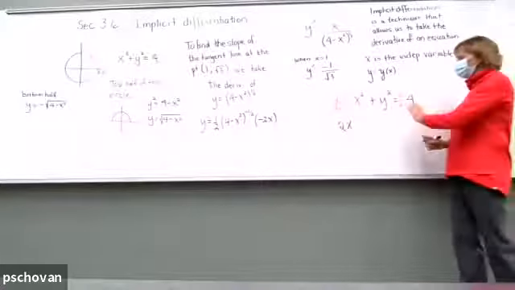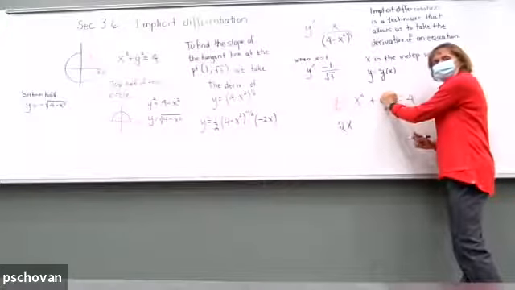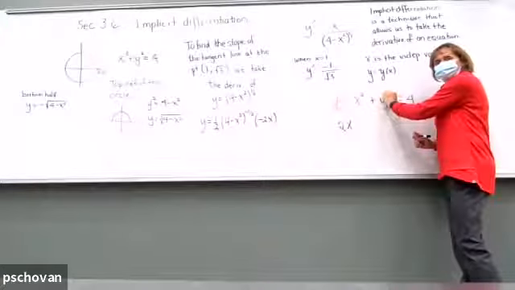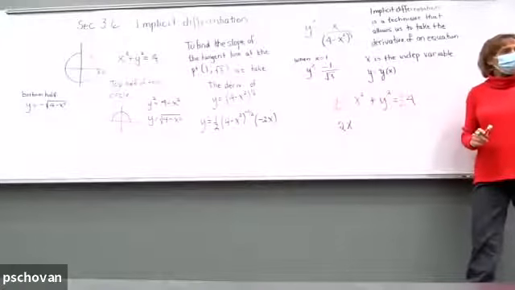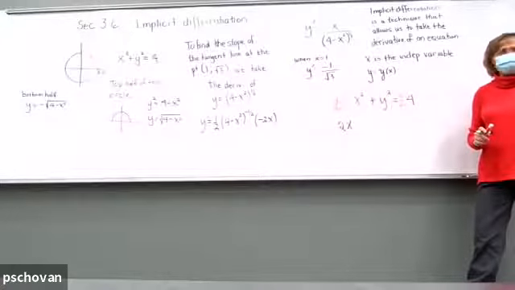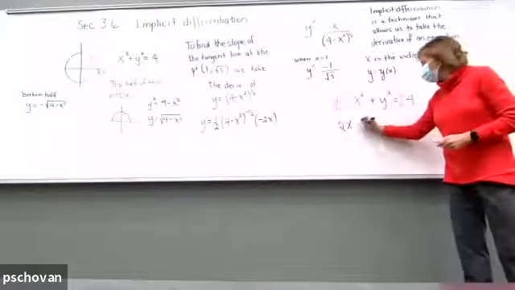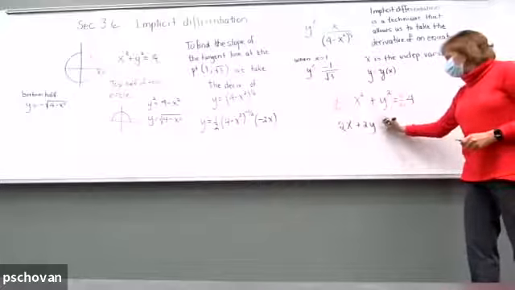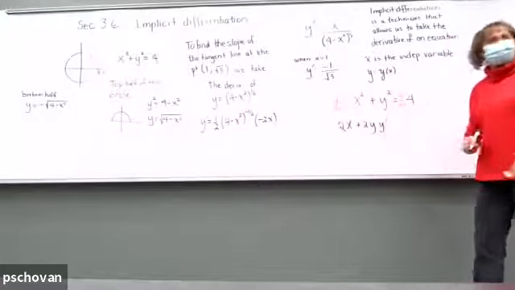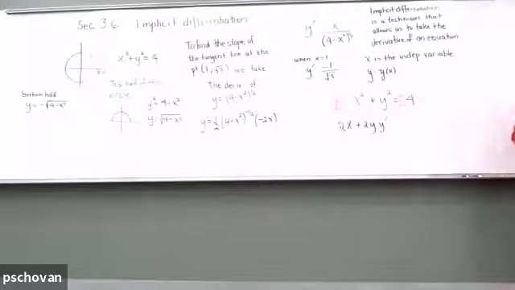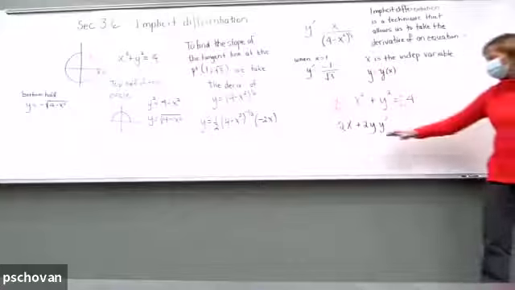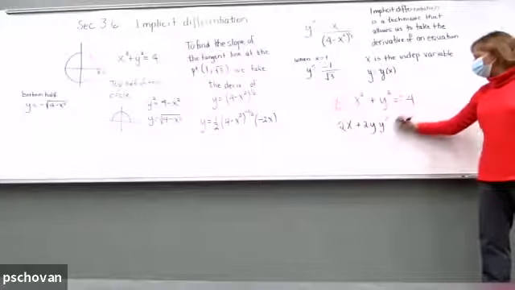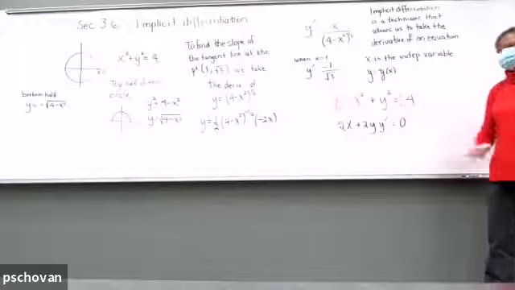But when we take the derivative of y squared, you have to treat this as a function squared. Bring the power down, raise the function to 1 power less, and then multiply by the derivative of what's inside. I bring the power down, raise that to 1 power less, times the derivative of what's inside. That's the chain rule part. Then across the equal sign, the derivative of the constant is still 0.